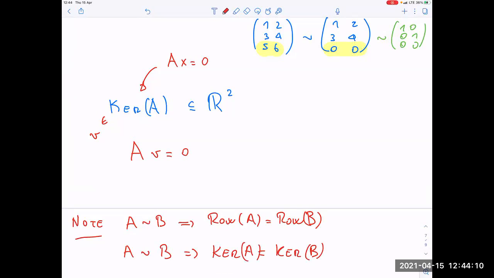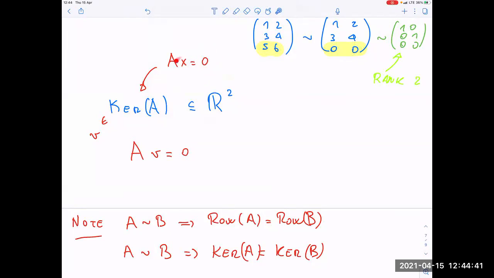So what is the kernel of A then by looking at the green matrix? Exactly, you see, that is a rank 2 matrix. So this matrix has rank 2. And so by the Rouché-Capelli theorem, the system of equations has infinite to the 2 minus 2 solutions. So it has only one solution.